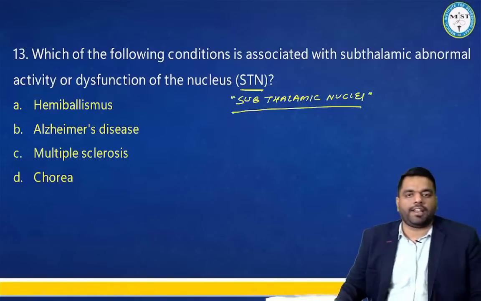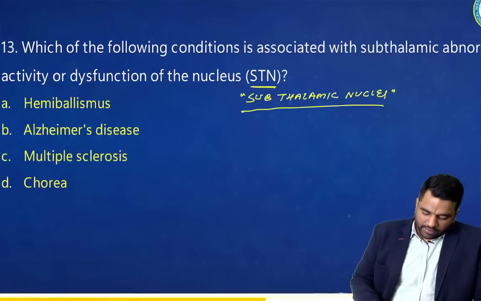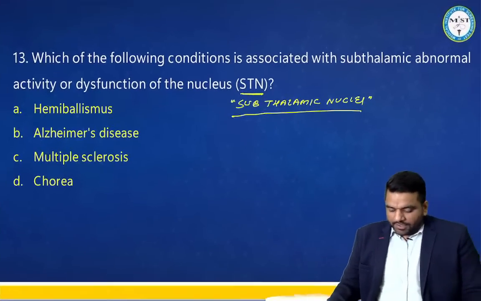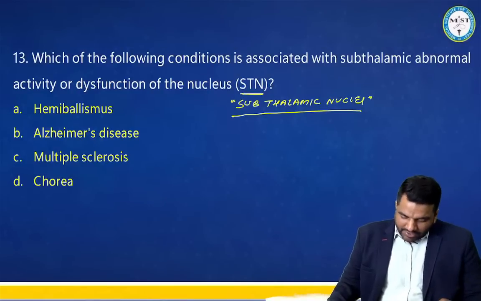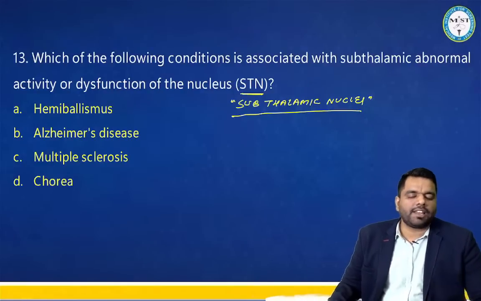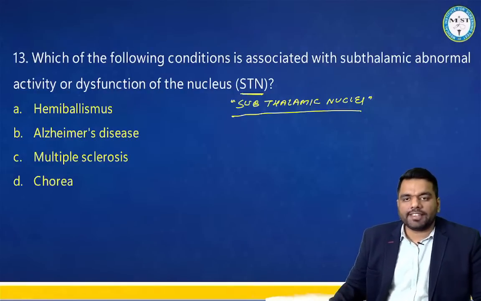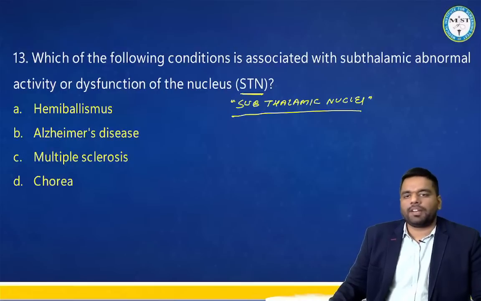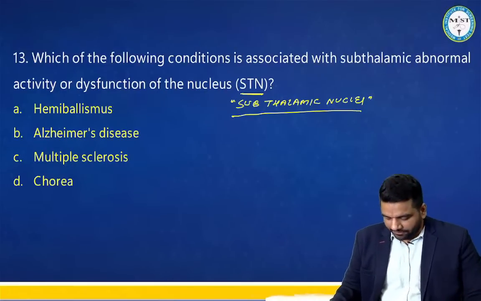Right, beta? So which disease occurs when there is a problem in the subthalamic nuclei? Option A is hemiballismus, B is Alzheimer's disease, C is multiple sclerosis, and D is chorea.